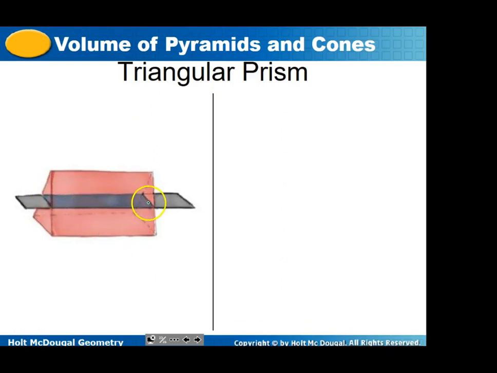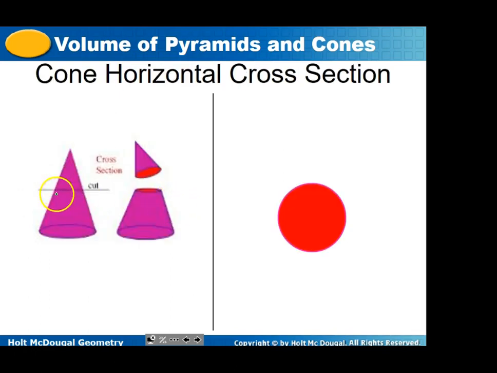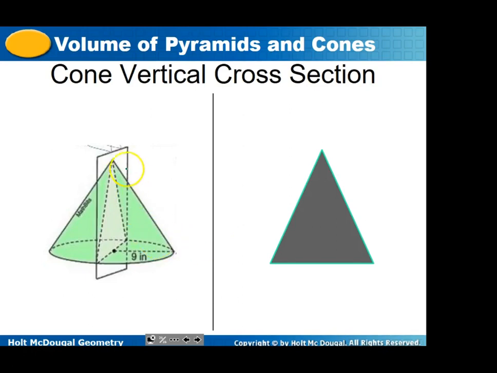Here, if we cut it horizontally, parallel with the base, we're going to get a rectangle. When we, again, cut it horizontally, parallel with the base, we're going to get a circle. When we go through its vertex up here, the apex of the cone, and perpendicular to the base, we're going to get a triangle.